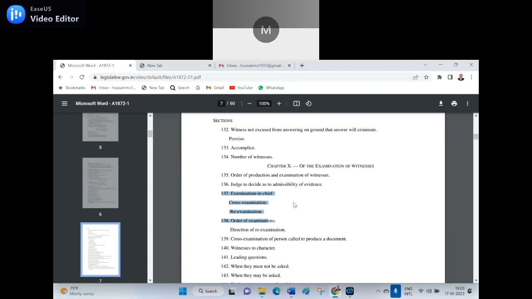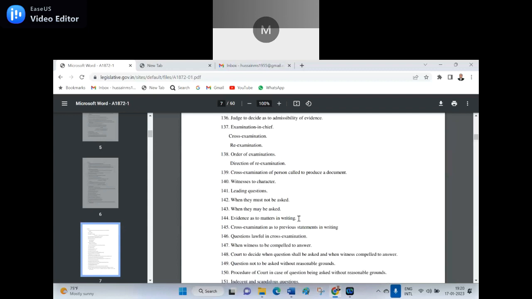On one side I give all the examinations, on the other side I give their explanation or sections. Then I say match the following. Or I make a wrong option there, then I say mismatch: which one is the wrong statement? That way also we can ask the questions.